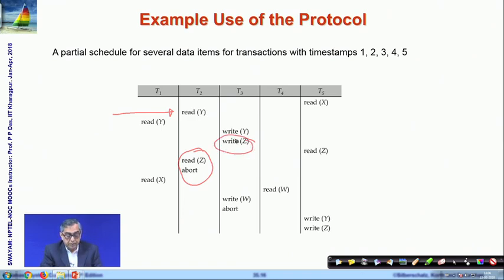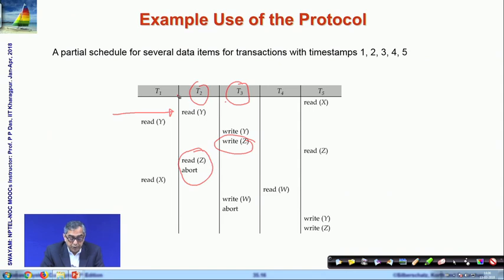So, when this read is happening, naturally this is an older transaction than T3. At this point the write timestamp is that of T3 and this is an older one. So, it was trying to read that.